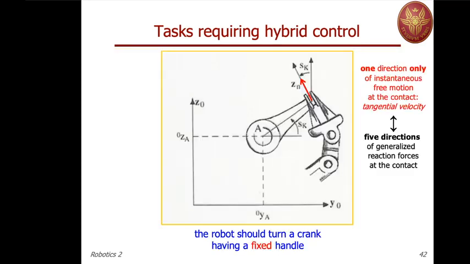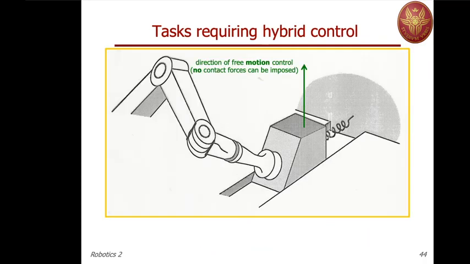In fact, here, if you are able to move up and down this mass, there will be no contact force, no reaction by the environment, and so this is a direction of free motion.